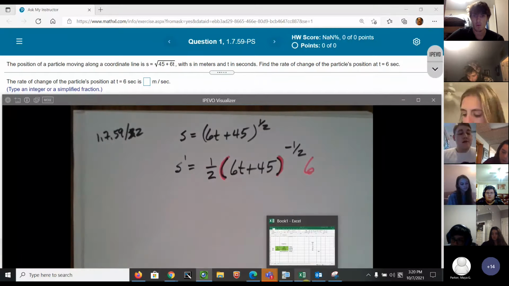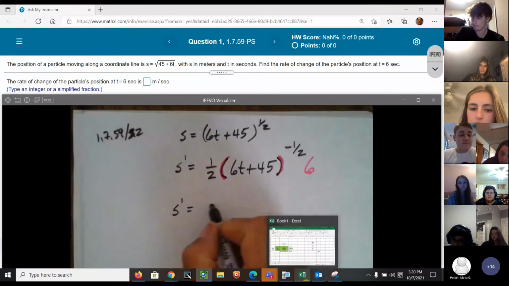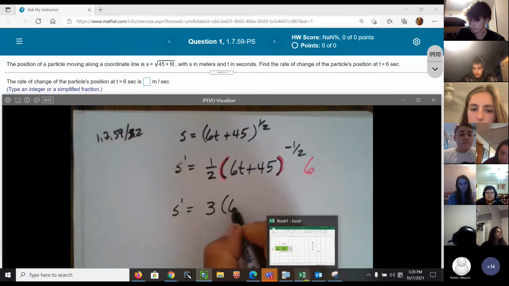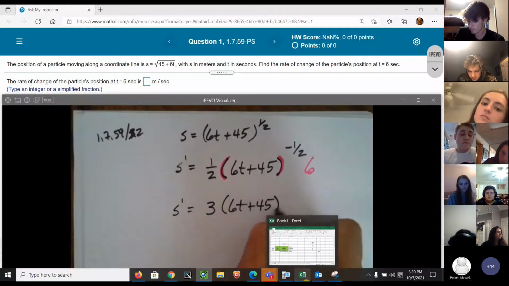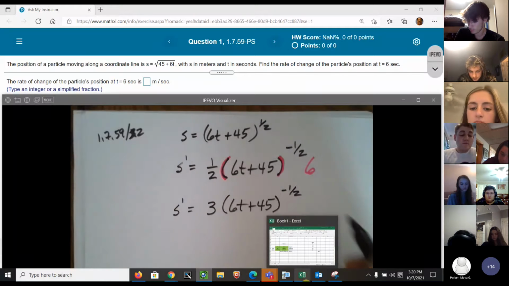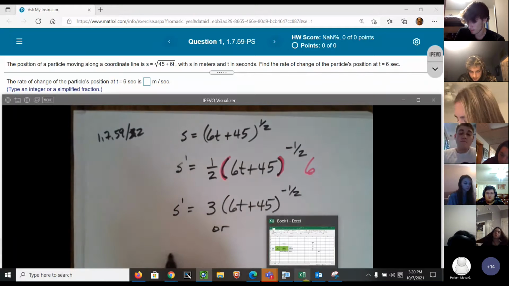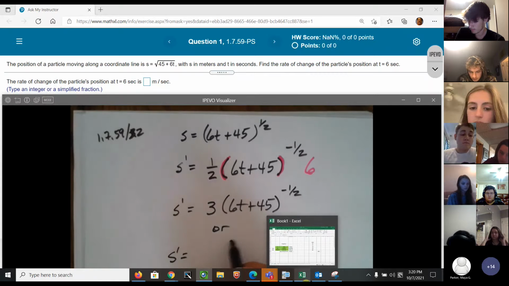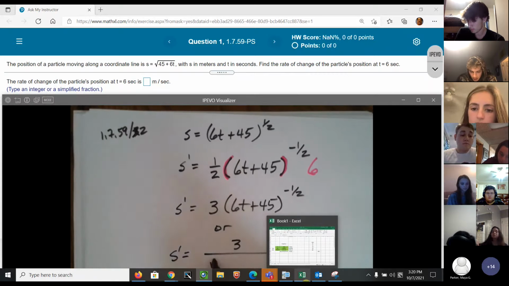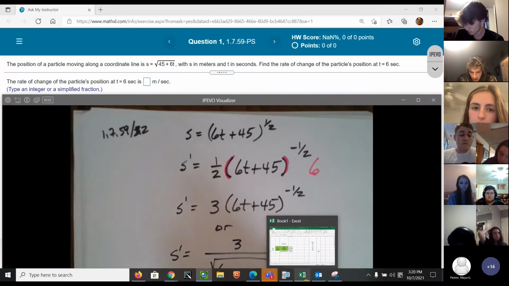So 6 times 1/2 is 3. S prime is equal to 3 over the square root of 6t plus 45.